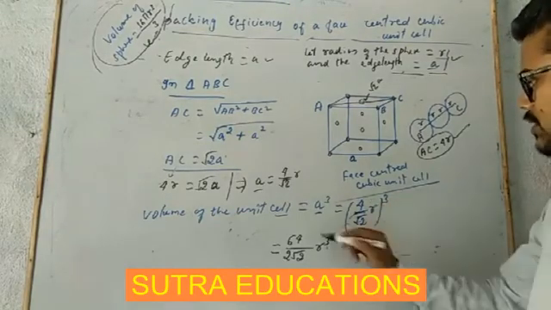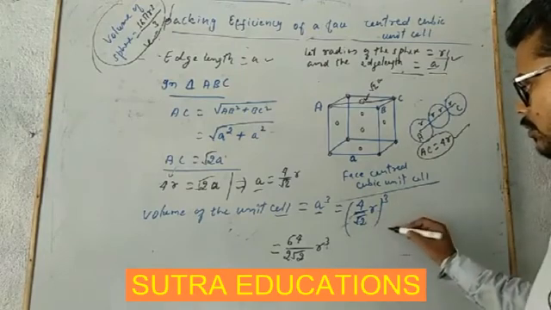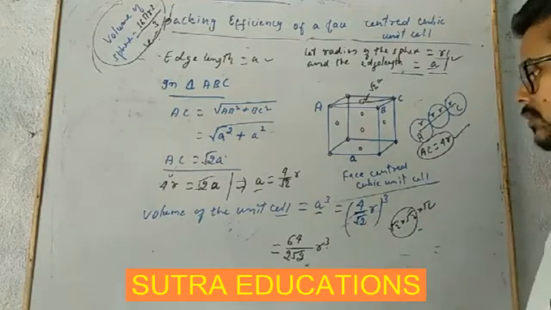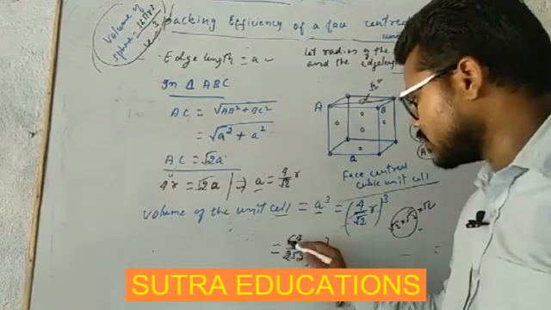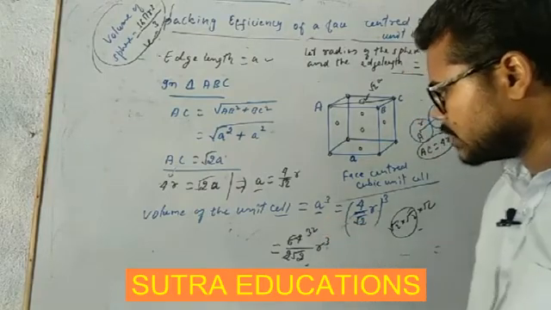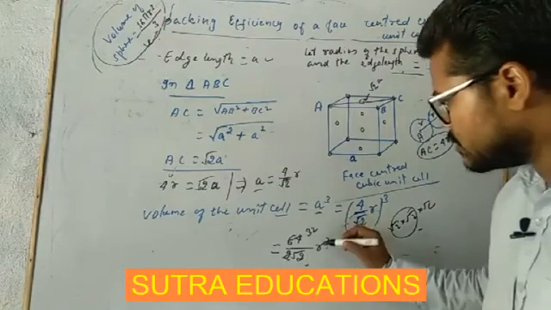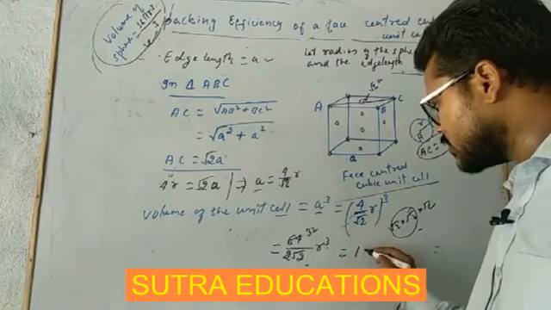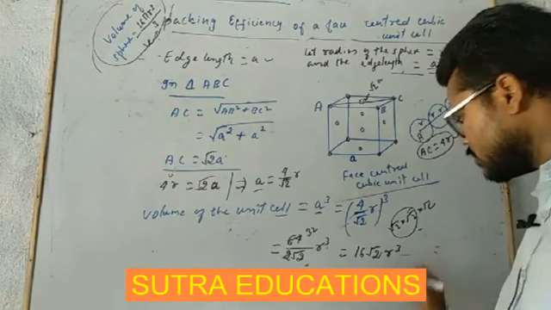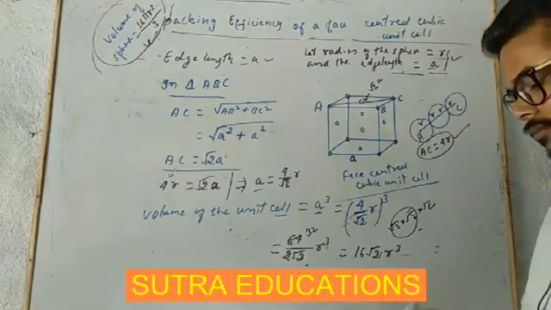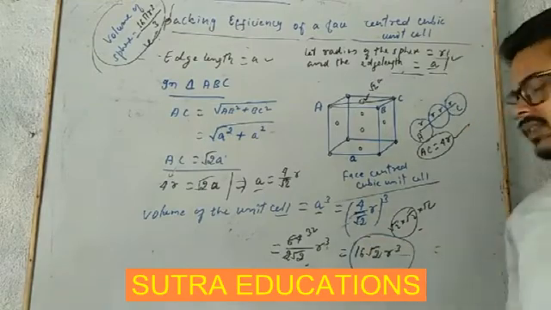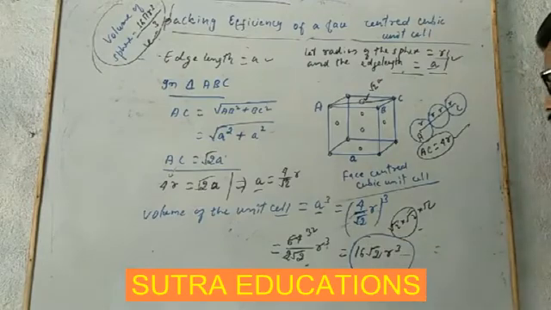So it will be equal to 64 upon root 2 into root 2 into root 2, means 2 root 2. Which simplifies to 16 root 2 R cube.